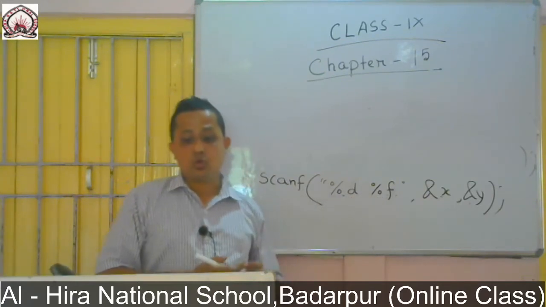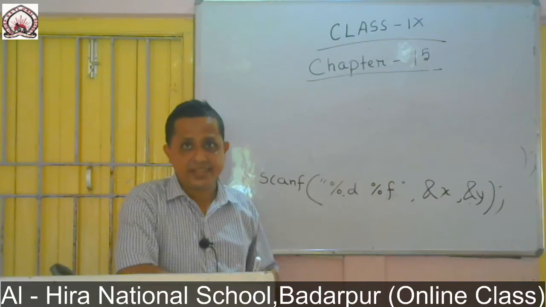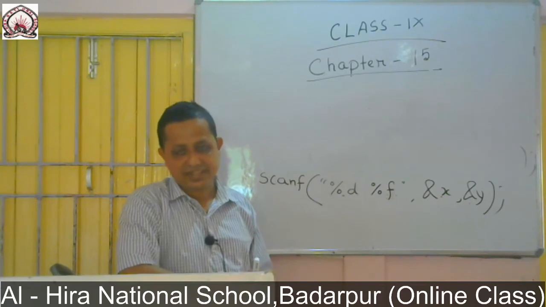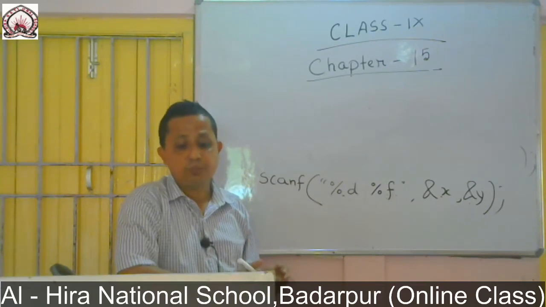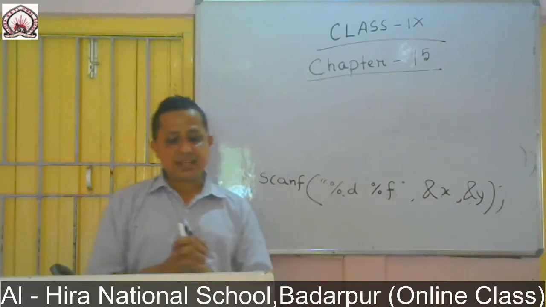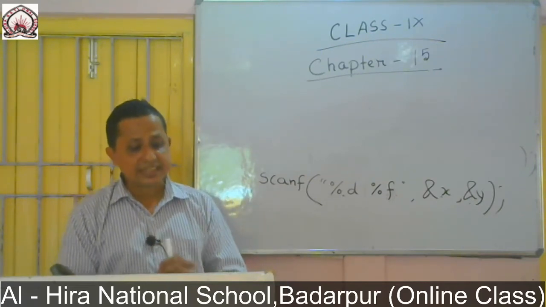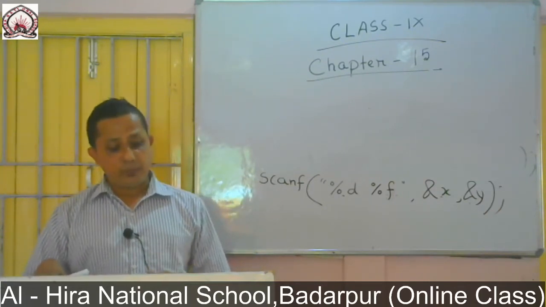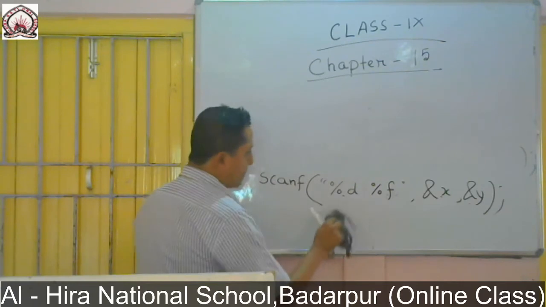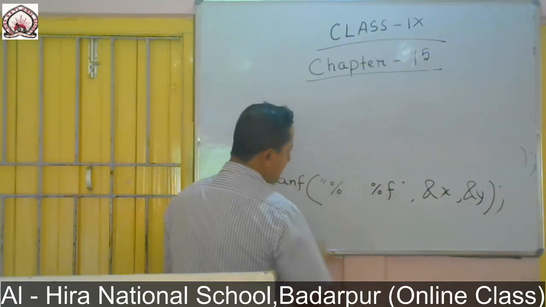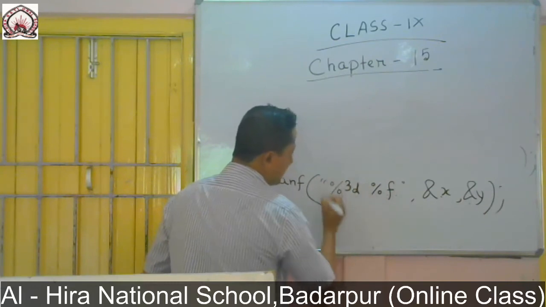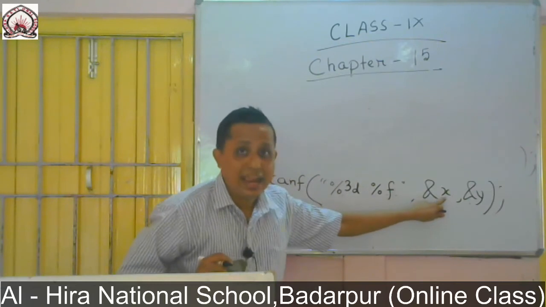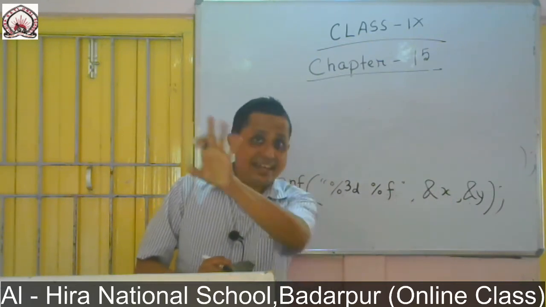The scanf function can have 2 control strings. You can see in your book on page number 288, one example is there, %c, no space, %d, %f. So it is good practice to have a space. Now how can you specify the width of a scanf? For example, if I give %3d, 3d means this particular variable x will have at most a 3-digit number.